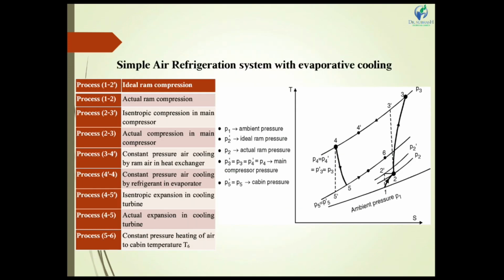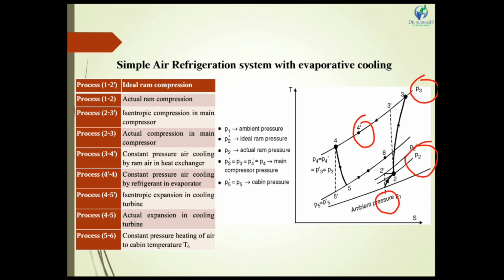This subcooling process gives a higher refrigeration effect inside the cabin. This is the process name and the T-S diagram. The first point is ambient pressure, atmospheric air at high altitude. P2 is the ram pressure. P3 is after compression, and 4 dash is the first heat exchanger process.